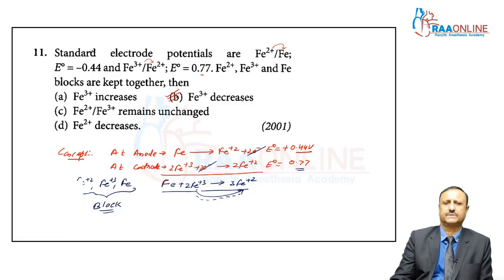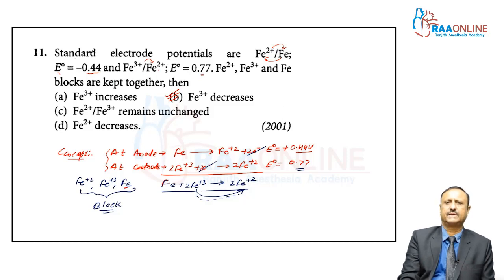B is the correct answer, because these blocks act as a cell. At the anode, oxidation occurs. So when oxidation occurs, iron is converted to Fe plus 2, because here you can see the E naught cell Fe plus 2 Fe, but here Fe is converted to Fe plus 2, then this minus is converted to plus, and it acts as the anode.